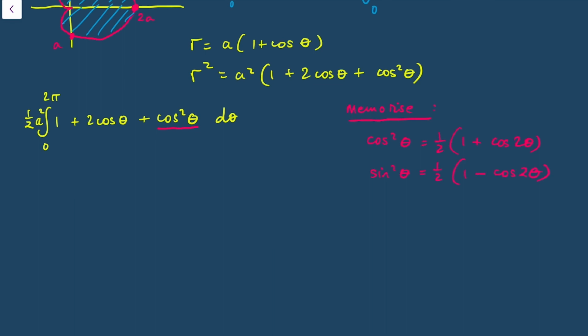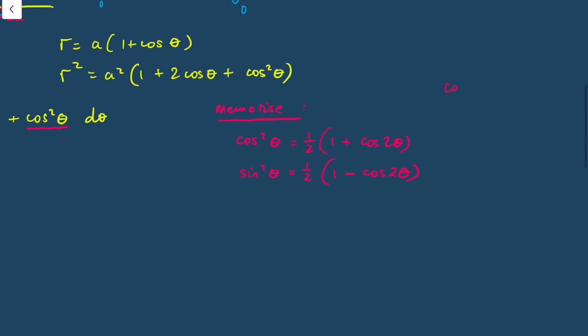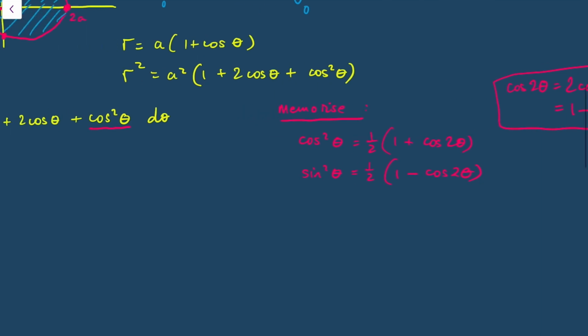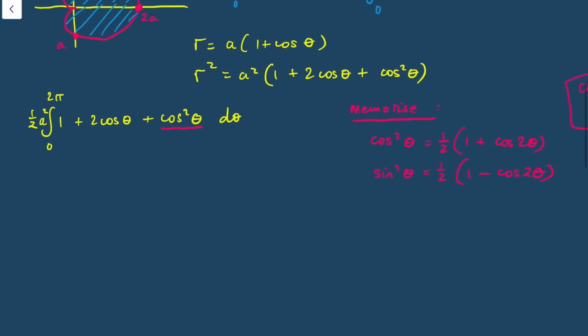That all comes from my double angle formula for cos 2 theta, which is either equal to 2 cos squared theta minus 1, or it's also equal to 1 minus 2 sine squared theta. So we've just rearranged those two identities.